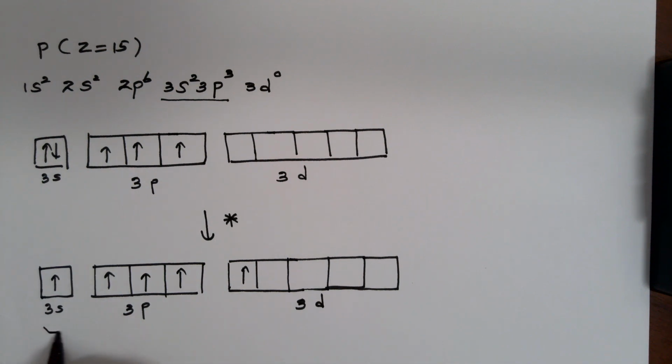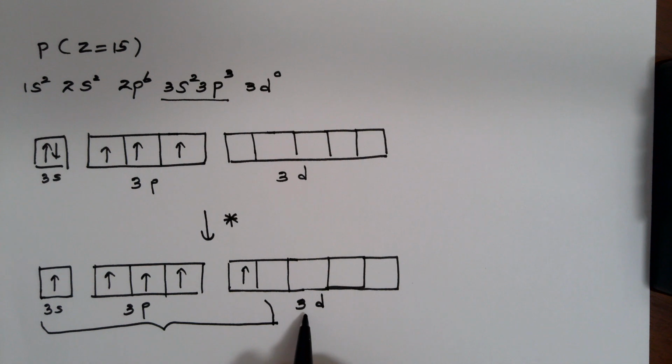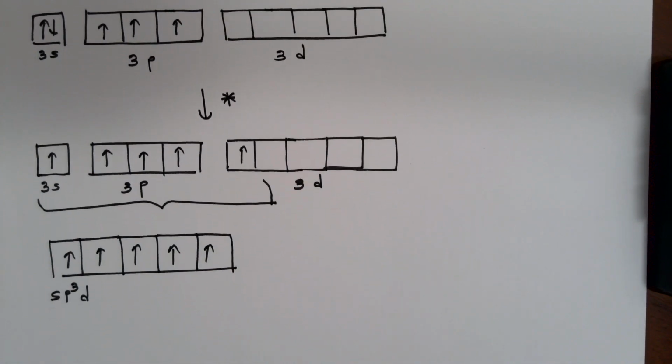So what happens after we mix these orbitals? 3s, 3p's and 1d make 5 equal-sized and equally shaped sp3d orbitals, with 1 electron in each sp3d hybridized orbital.